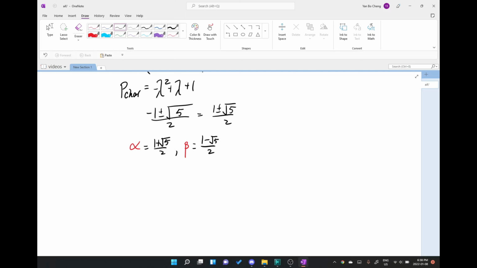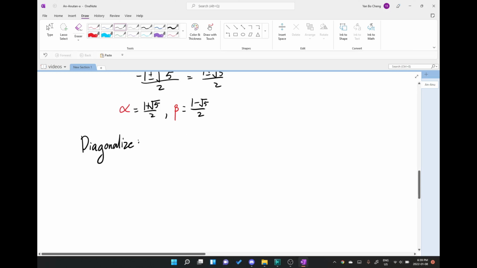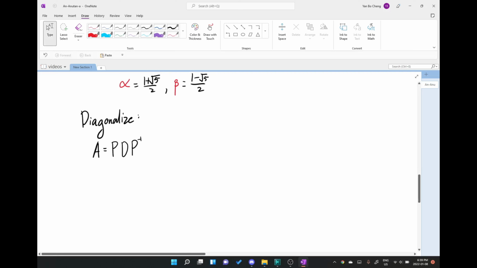These are the eigenvalues, and now our next step is to diagonalize, as I said before. What diagonalization means is we have A and we want to find a matrix P such that P D P inverse is A, with D being the diagonal matrix with the eigenvalues along the diagonal.